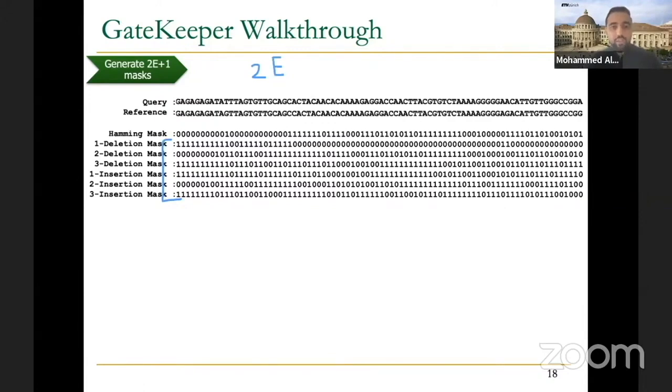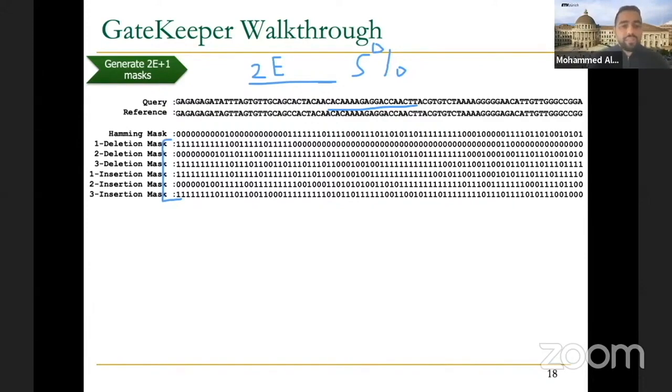This is set by the user, but normally for most genomic studies, it's 5% of the read length. So 5% of the sequence length. If this sequence is 100, then this is 5. So if E is equal to 5, then we need to build 2E, which is 10 of these vectors, plus the Hamming distance vector, that is 11. So 2E plus 1, right?